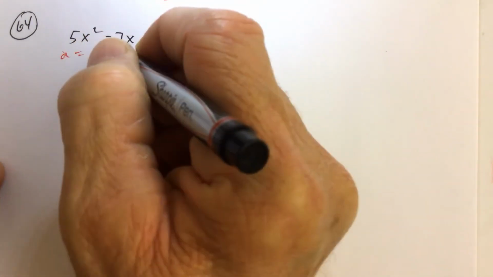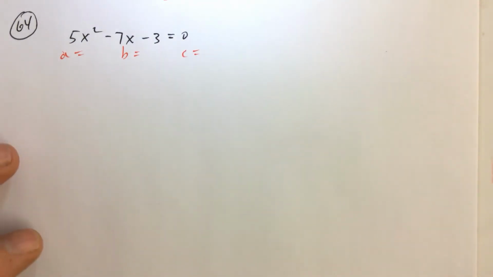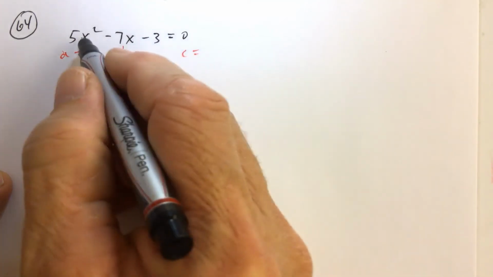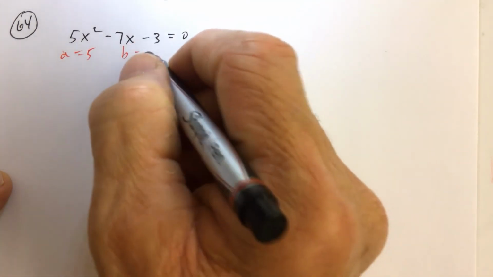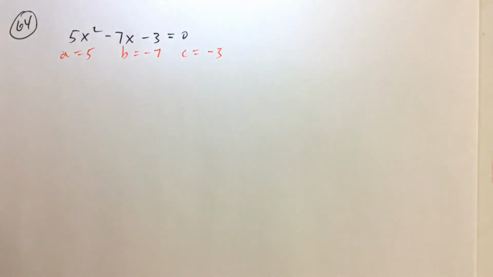And we're going to list our a, our b, and our c, and we're going to plug those into the quadratic formula. The a value is the number in front of the x squared. Now again, it has to be in standard form, which this is, and then we can get our a, our b, and our c. b is negative 7 and c is negative 3. We have our quadratic formula.